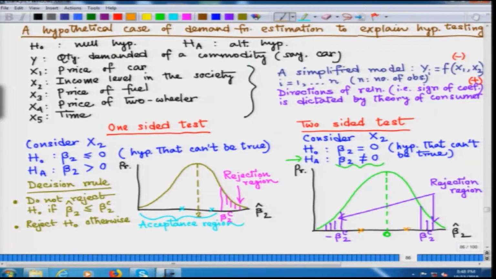In that case we can say that we fail to reject, it implies we accept the null hypothesis, right. So, this is indeed my acceptance region, right. Okay.